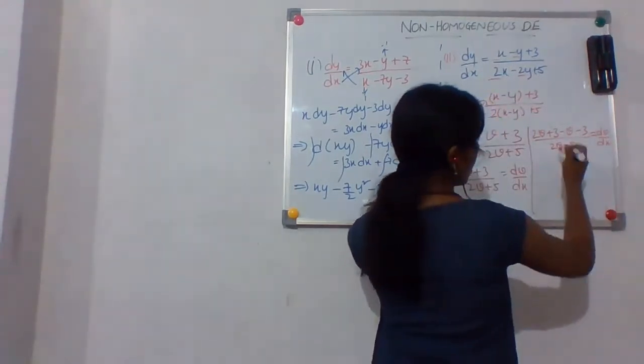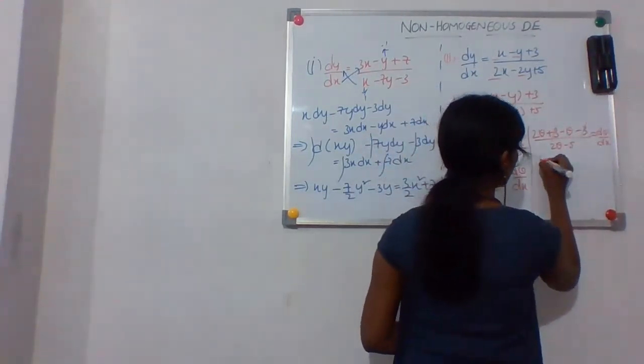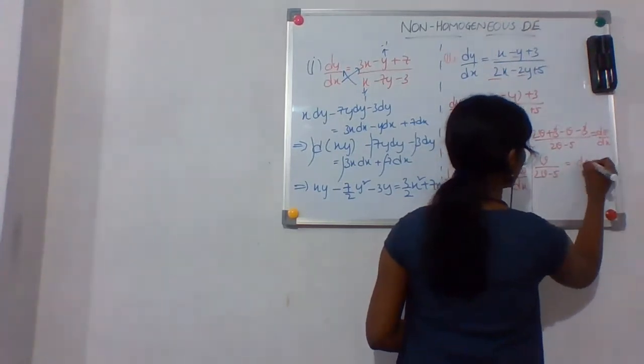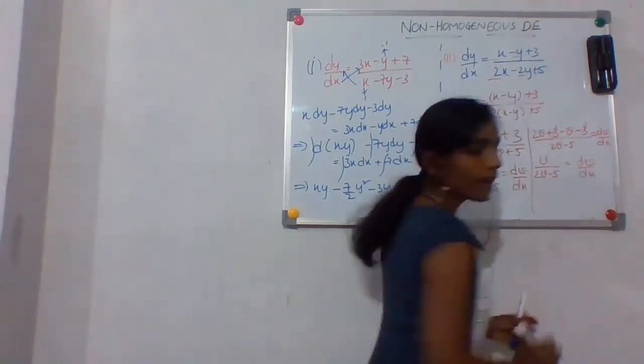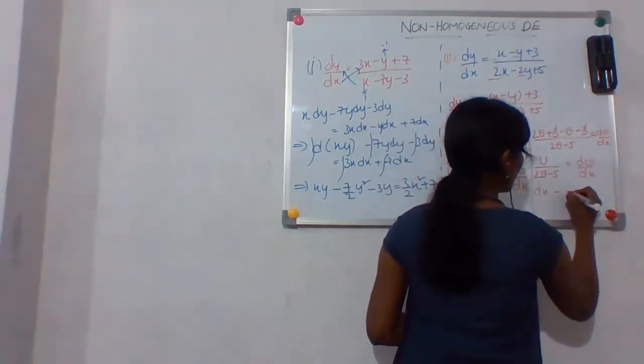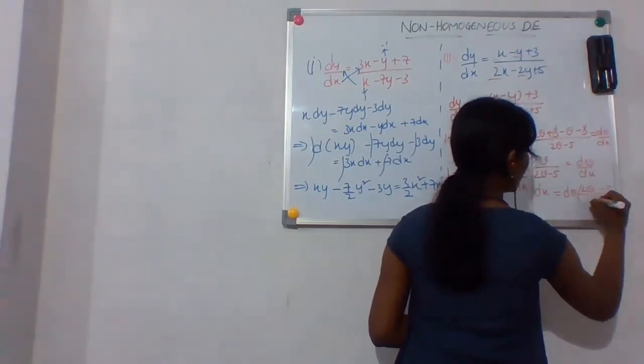So this 3 gets cancelled. So what do I get is v by (2v plus 5) is equals to dv by dx. Okay. Now cross multiply. You get dx is equals to dv into (2v plus 5) by v.